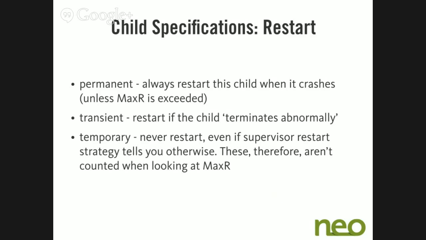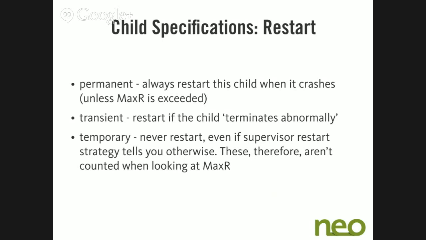This is the answer to our particular problem, which was in that child specification, there is a way to specify what you want to have happen when the child dies. In our acceptor case, which I showed you a minute ago, we always wanted them to restart. So we had permanent as our restart.